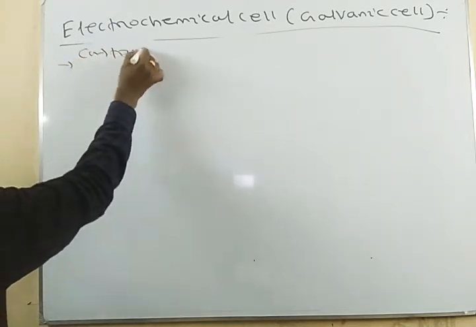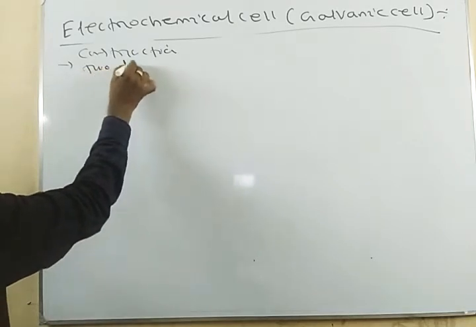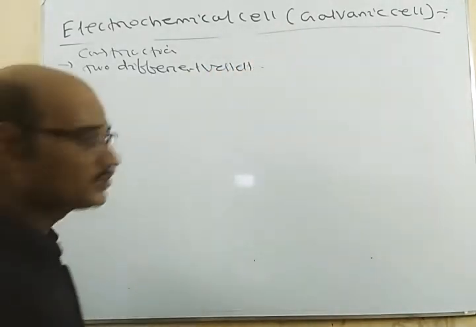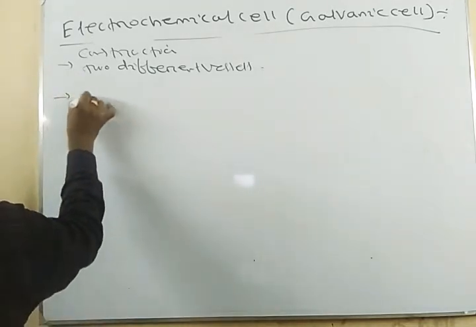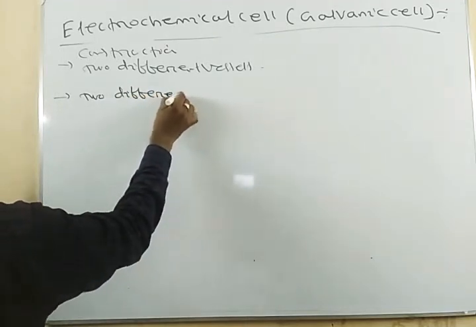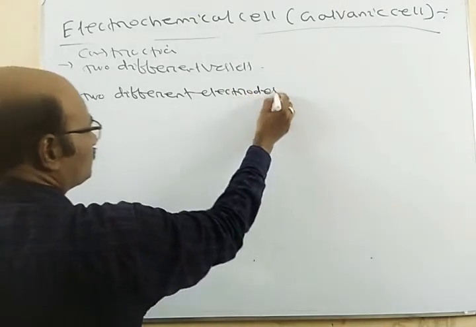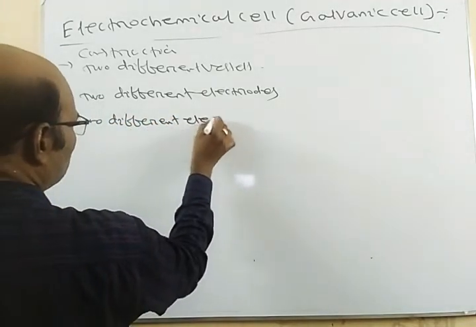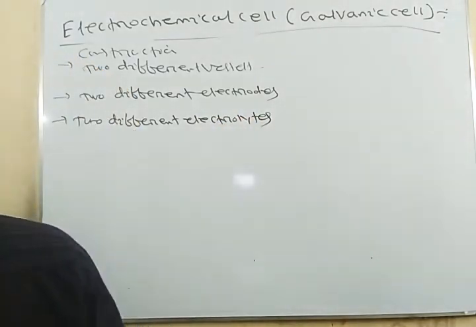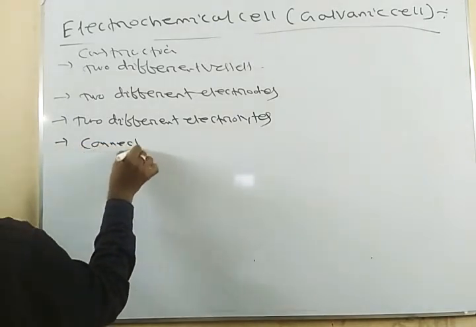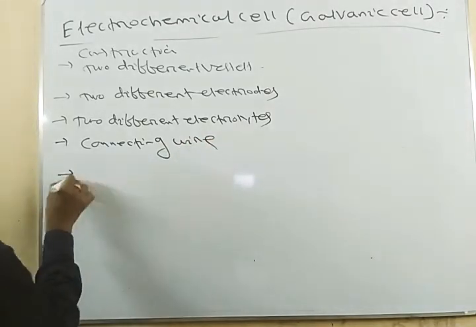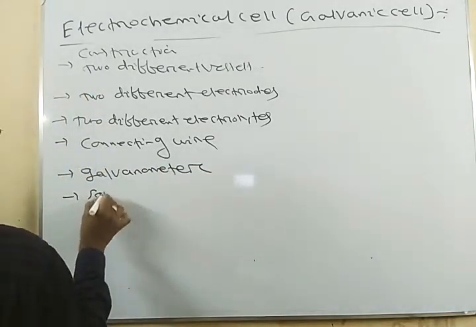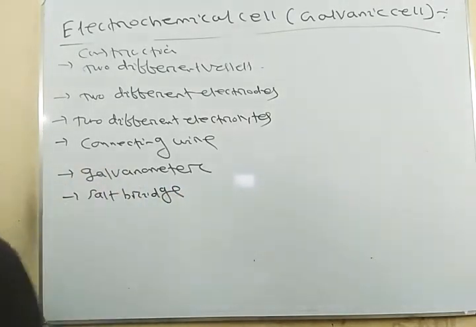So we have constructions. We have what? Two different vessels, two different electrodes, two different electrolytes, a connecting wire, a galvanometer, and a salt bridge.